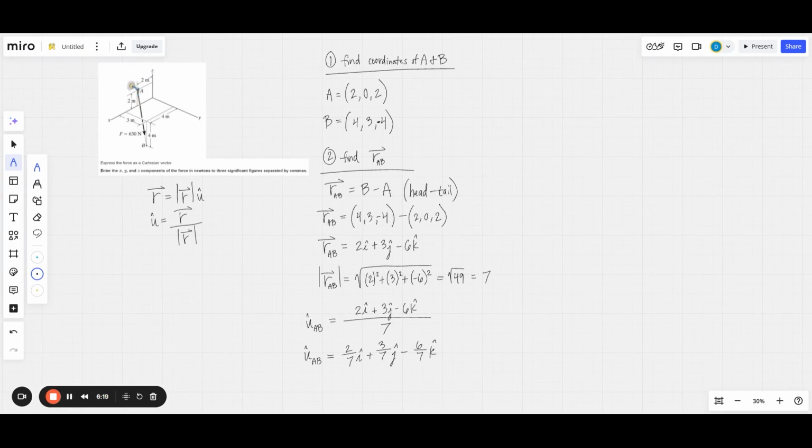And if you recall this formula, a force vector equals the magnitude of the force vector times a unit vector. So this is what we're trying to find. That's this right here.